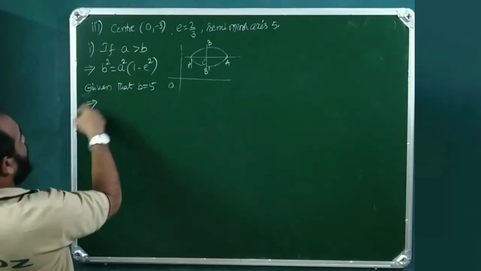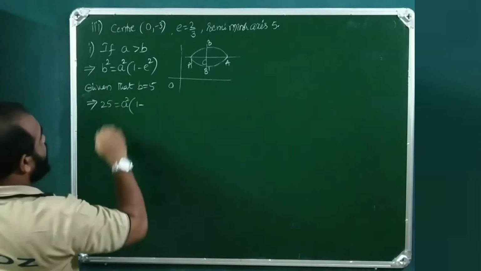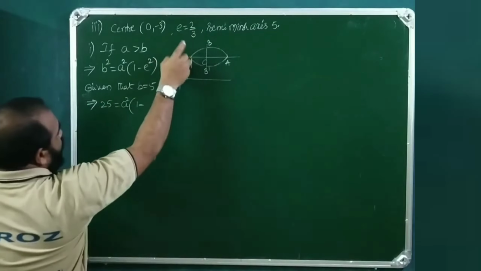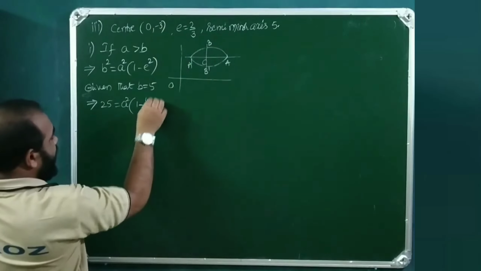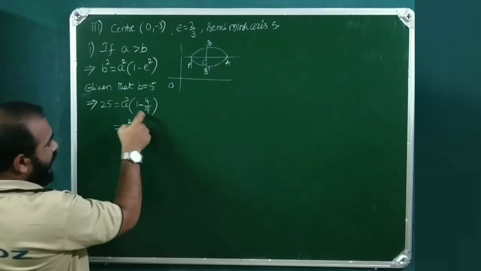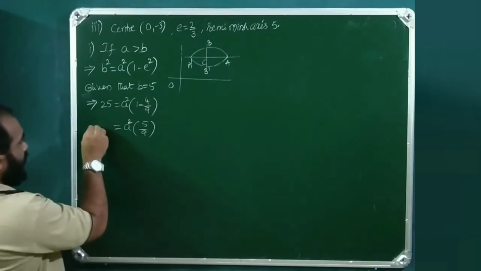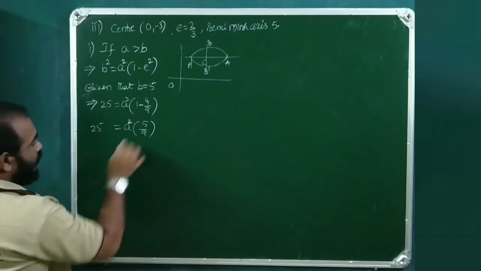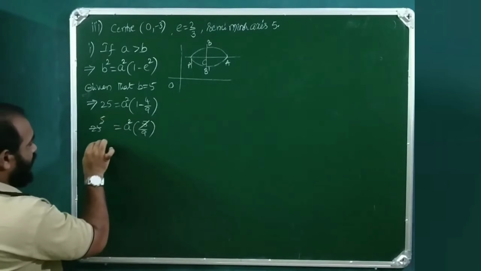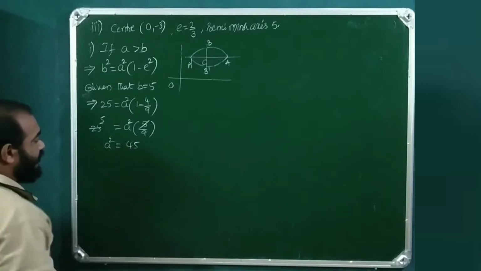Now B square is 25, equal to A square into (1 minus E square), where E is 2 by 3 and E square is 4 by 9. So this is equal to A square into (9 minus 4) by 9, that is 5 by 9, and 25. So 5 5s are 25. Therefore, A square is equal to 9 5s are 45.